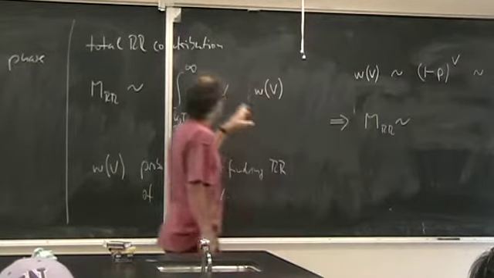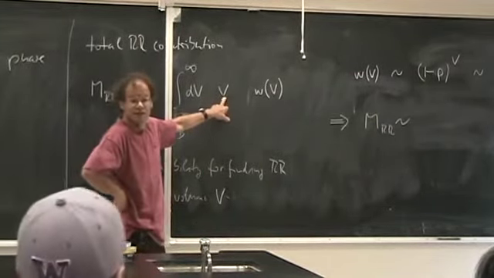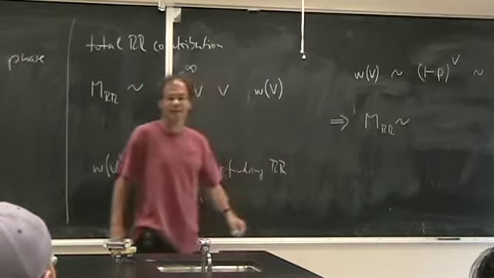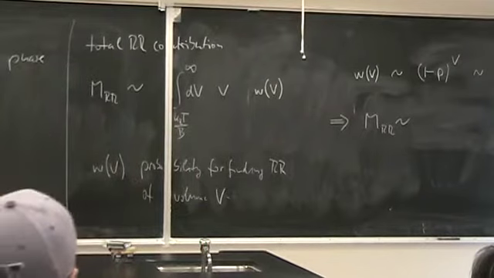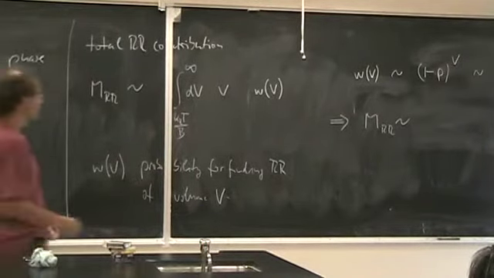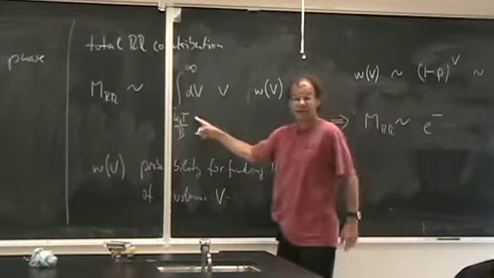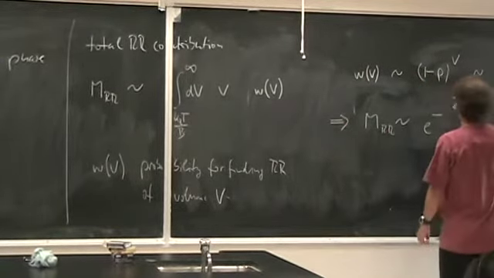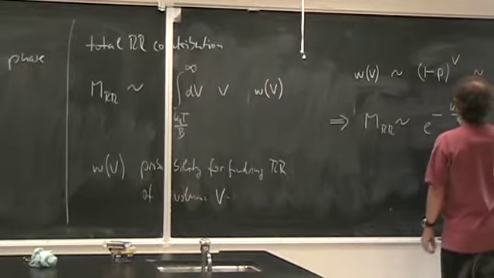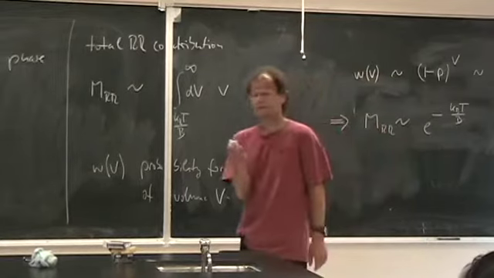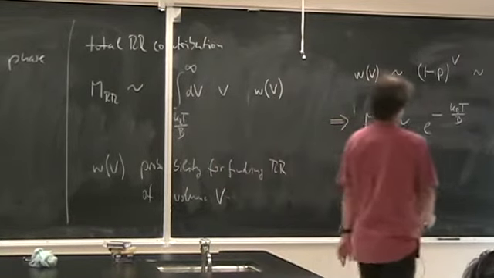So whether or not I keep the V will not change the result to exponential accuracy. And if I do this, it's a trivial integral, simply an exponential integral which you can carry out right away. The result I get is e to the minus p tilde times the lower bound, e to the minus p tilde kBT over B. Say again? p tilde. Thank you.